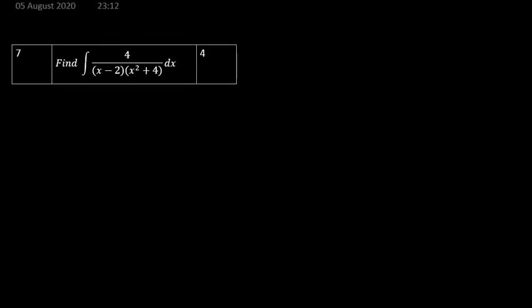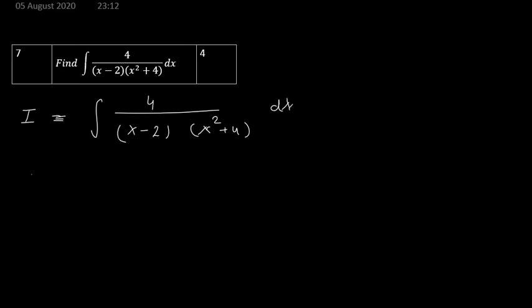The 7th question is 4 upon x minus 2 into x square plus 4. Again you can solve this question, it is easy. This is partial fraction. So first I is equal to the integral of 4 upon x minus 2 into x square plus 4 dx.